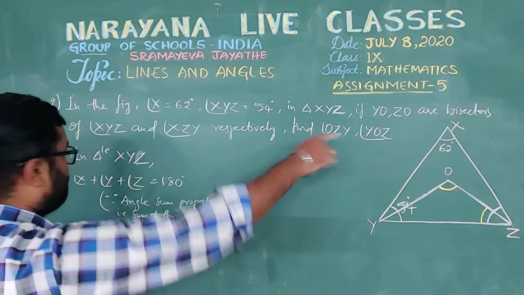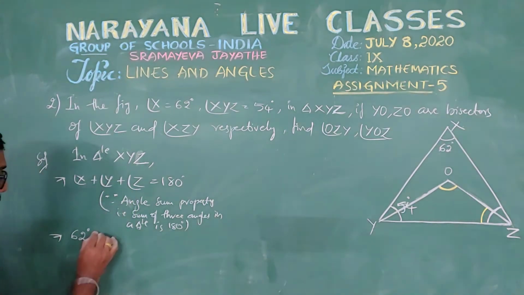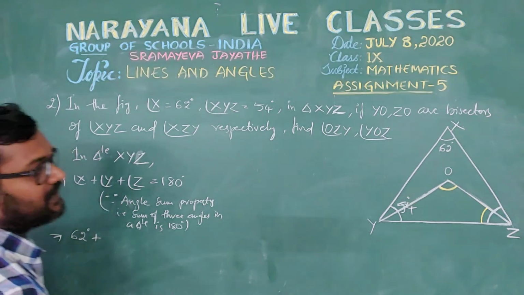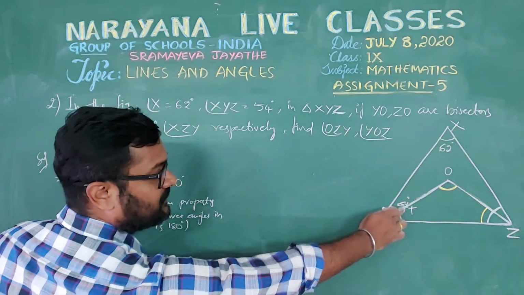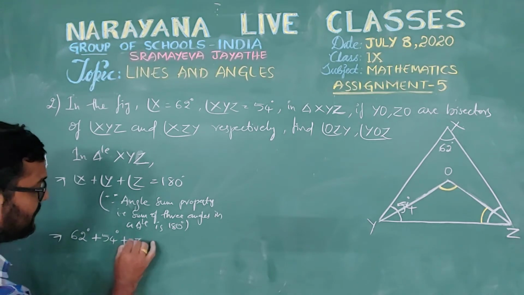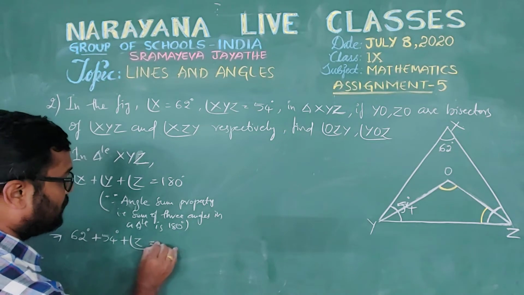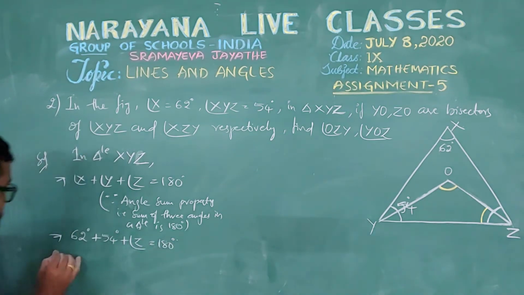Now angle X, what is angle X? 62 degrees, isn't it? Plus angle Y, this total angle is 54 degrees. Plus angle Z, which we don't know, we need to find that one. It is equal to 180 degrees.